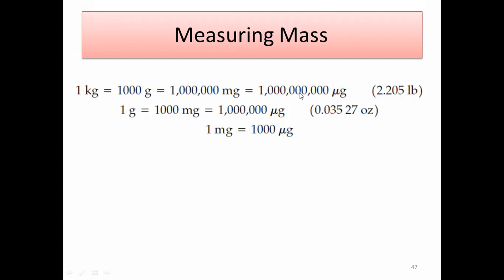So 3 zeros are cancelled out. What is left? 1000 microgram is left. So this is another conversion you can easily know over here. That means 1 kilogram will be equal to 1000 gram, or 1 gram will be equal to 1000 milligram, or 1 milligram will be equal to 1000 microgram.